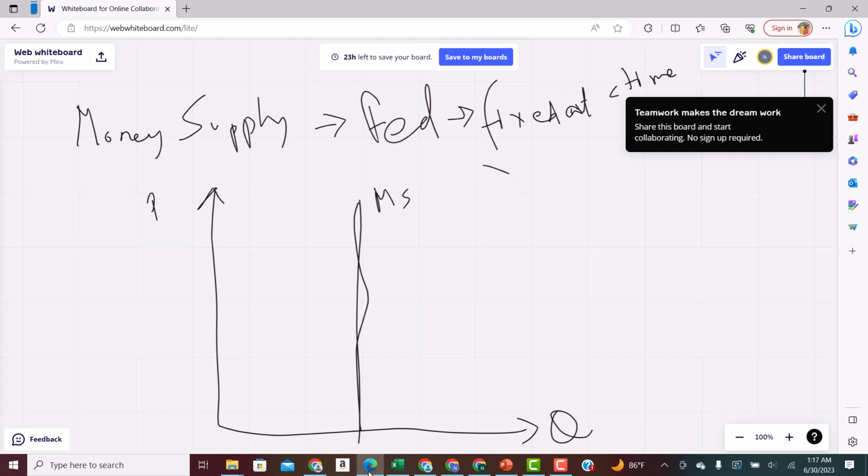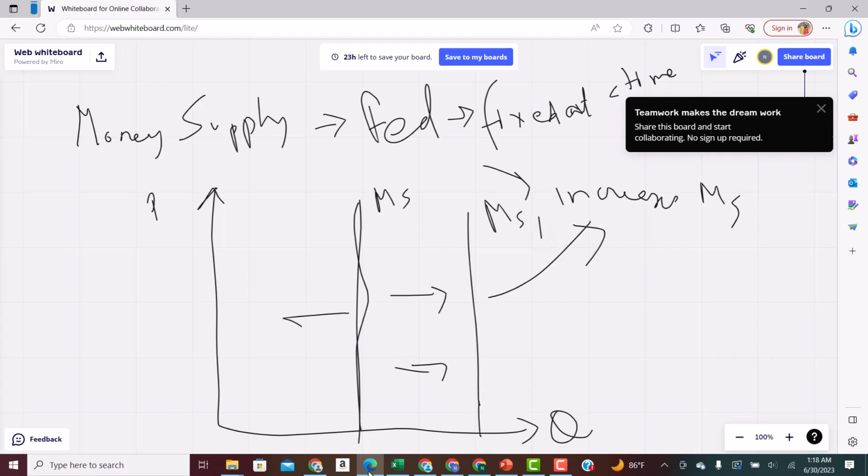Now, if the Fed increases the money supply, then the supply curve will shift to the right. If the money supply decreases, then it will shift to the left. This is a decrease in money supply.